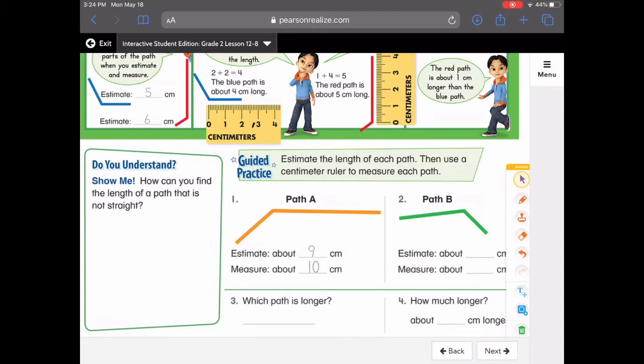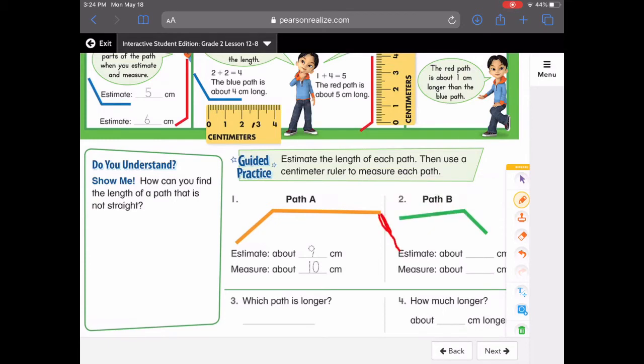The extra challenge I want to ask you is, would a path that has 3 parts always be longer than a path with 2 parts? Let's say there was an extra section here to that line.